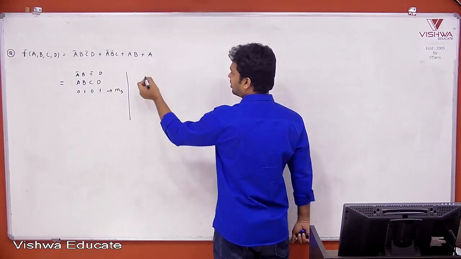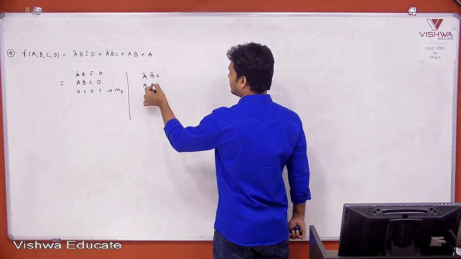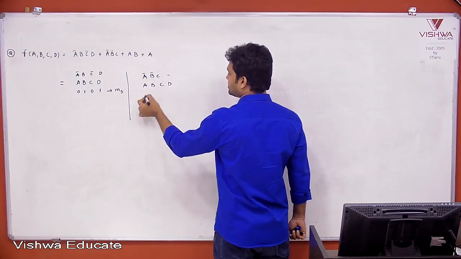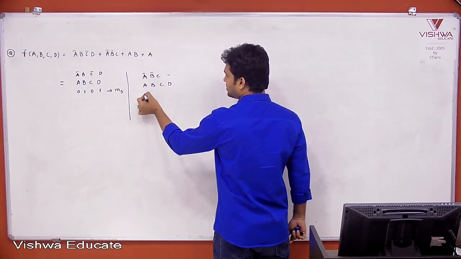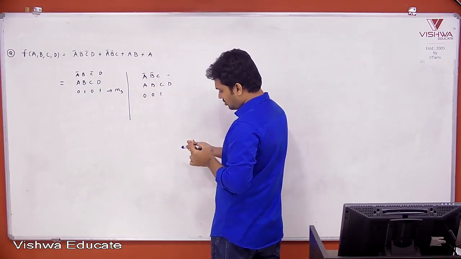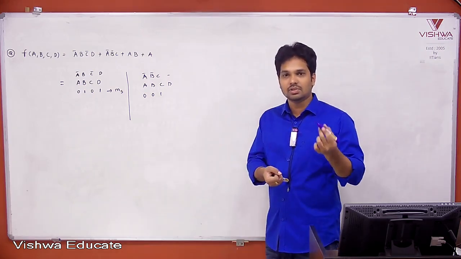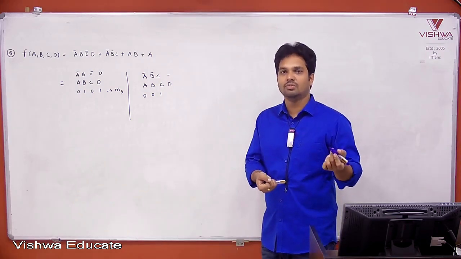Next, A bar, B bar, C. In terms of A, B, C, D, D is not present. A must be fixed at 0, B must be 0, C must be 1. So D is missing. Generally, when D is missing, we multiply with D plus D bar.